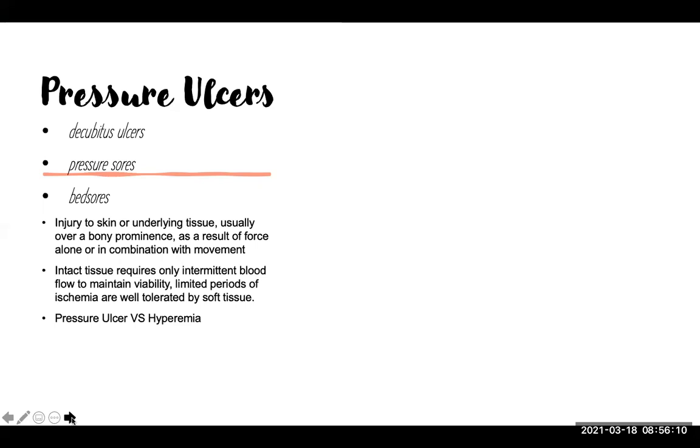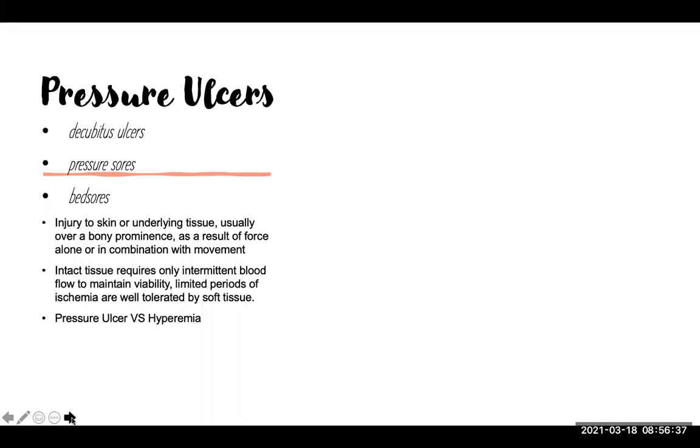Intact tissue requires only intermittent blood flow to maintain viability. There are limited periods of ischemia that occur when we apply pressure to any part of our body, and the soft tissue can tolerate that for a short period of time before something bad happens, like a pressure ulcer.